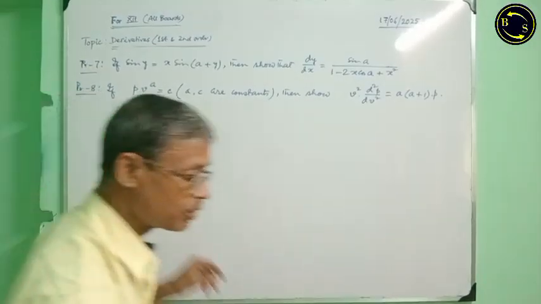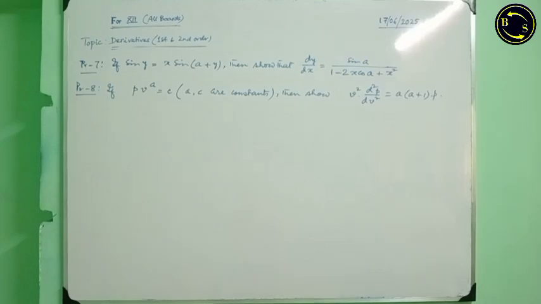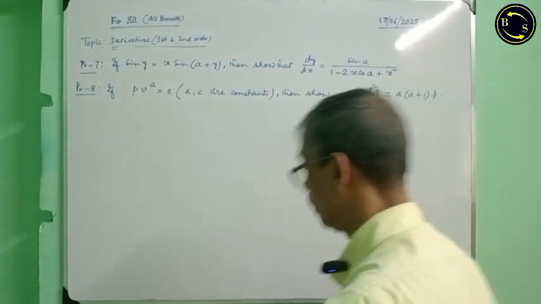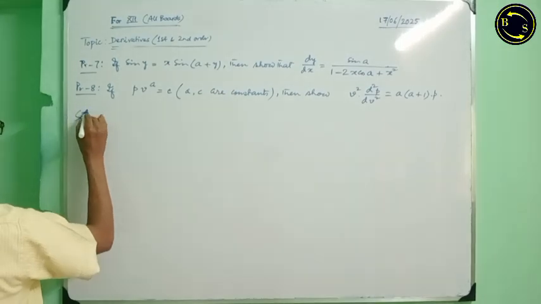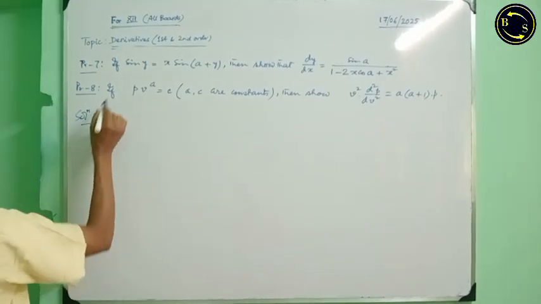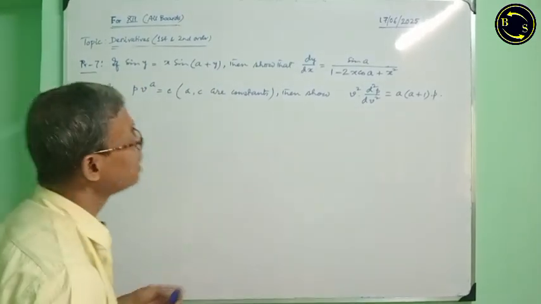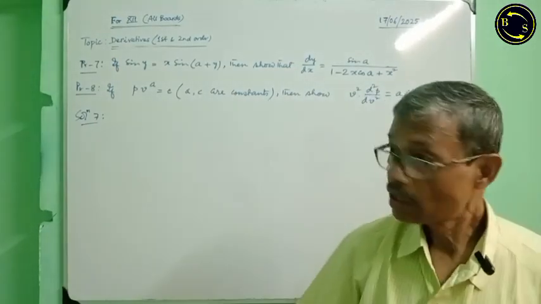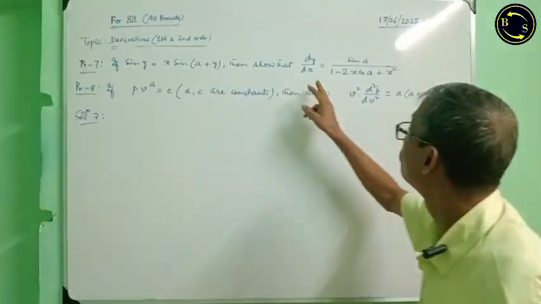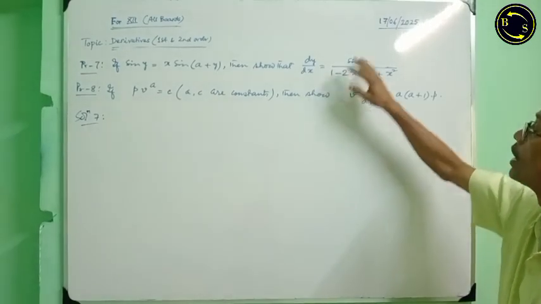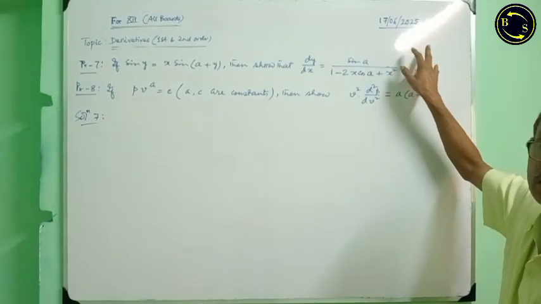Next, these sums. First of all, sin y equal to this. First, you note this is xy mixed form, but in case of derivative, the right hand side is x.